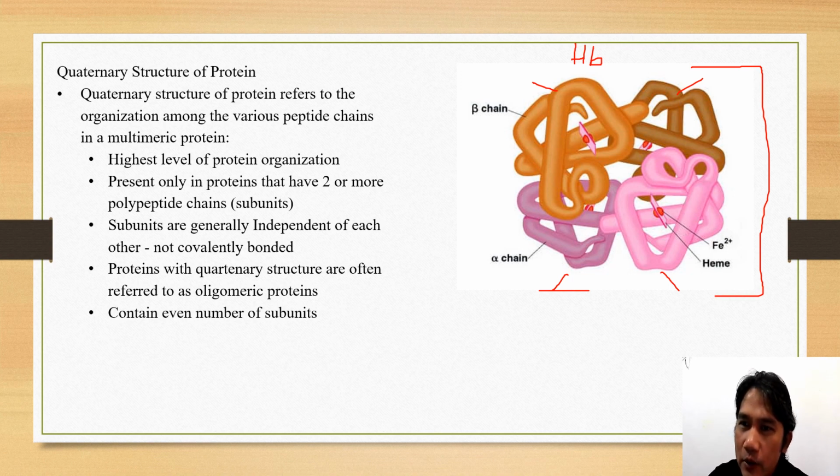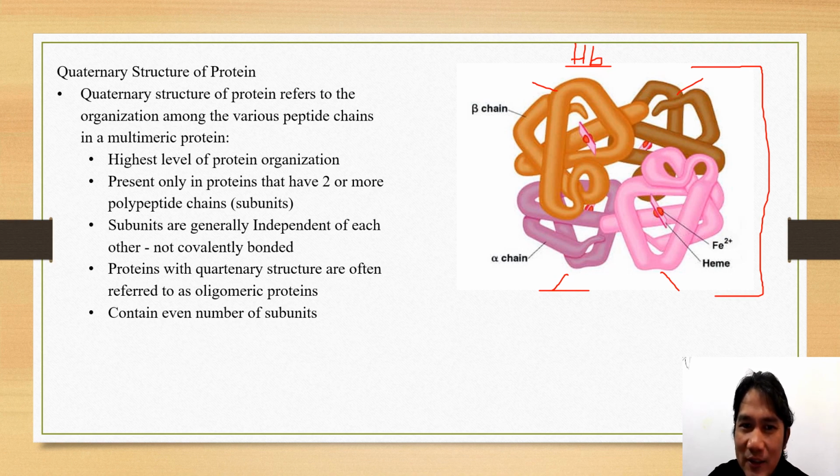However, these four polypeptides are attracted to one another, and they are considered as one protein only. So we call this protein multimeric. Why multimeric? Because there are four polypeptide chains.